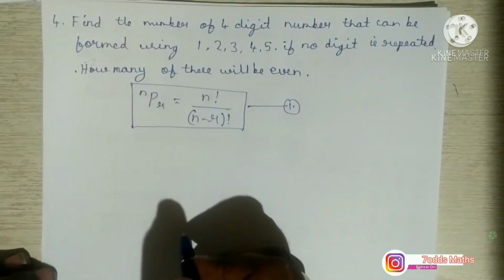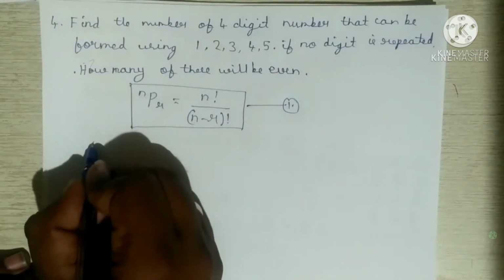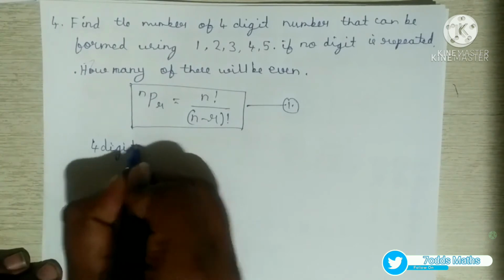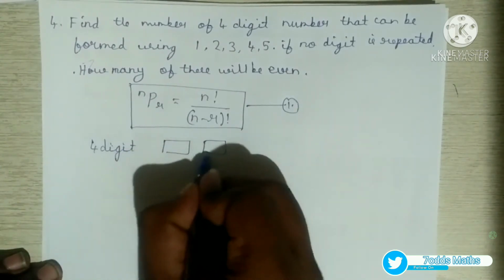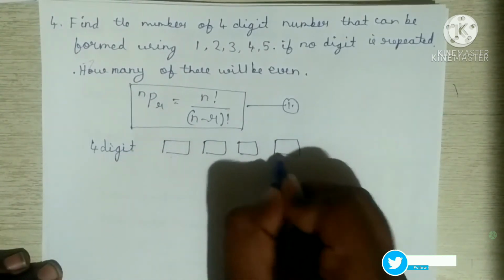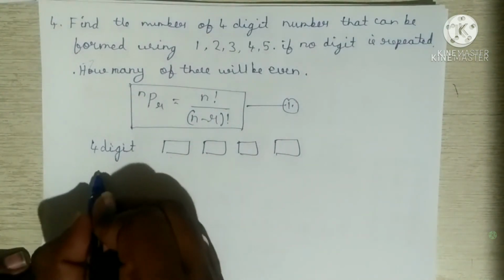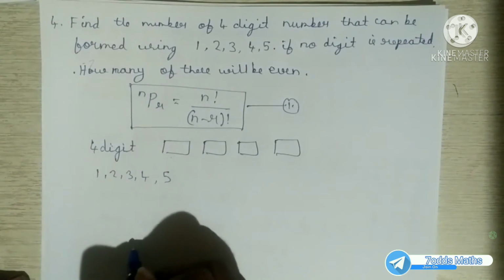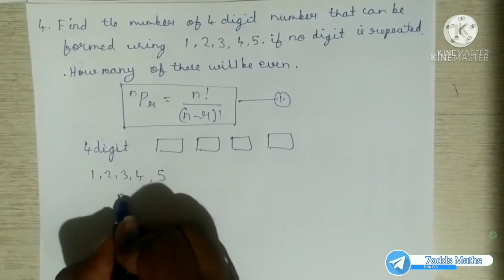Okay, next, the given data: we need to find 4 digits, which means 1, 2, 3, 4. And the given data is 1, 2, 3, 4, 5, where n is equal to 5.